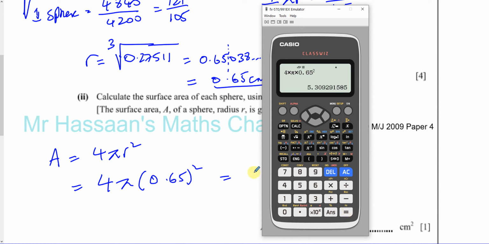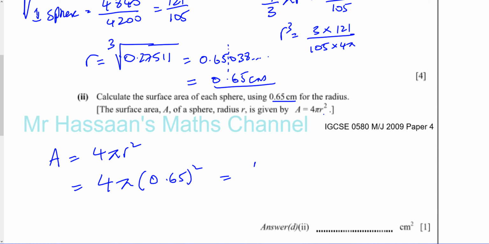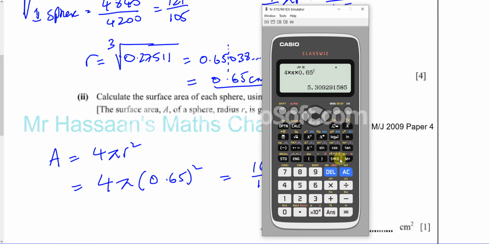So let's write it in this form, 169 over 100 pi. And if you write that to 3SF, you get 5.309, 5.31.